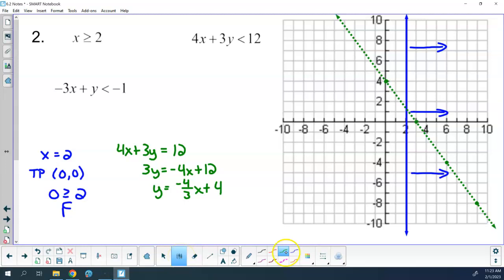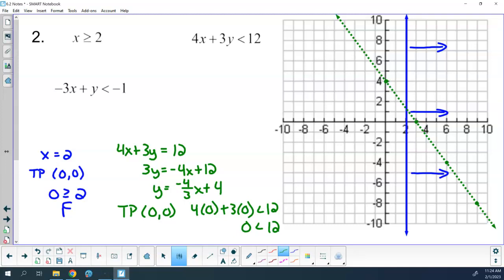That one did not go through the origin either, so I can use the test point of the origin for that one. 4 times 0 is 0. 3 times 0 is 0. 0 plus 0 is 0. Is 0 less than 12?